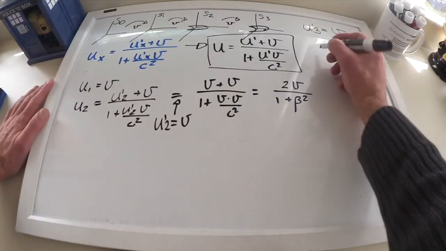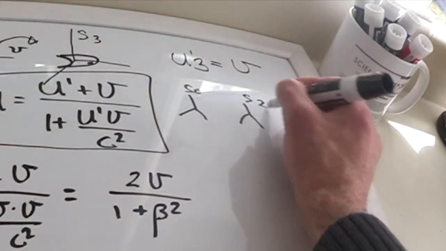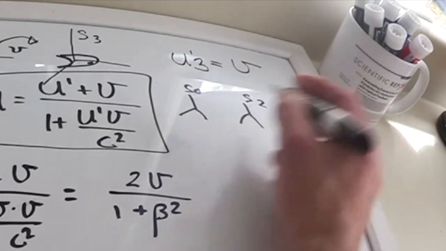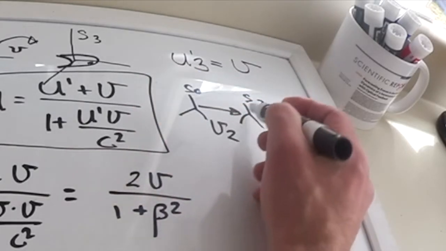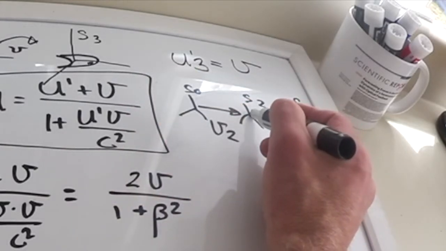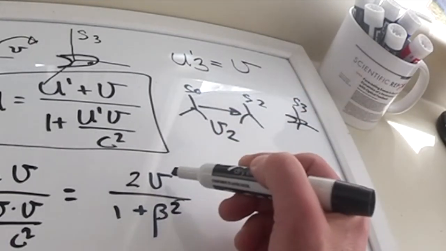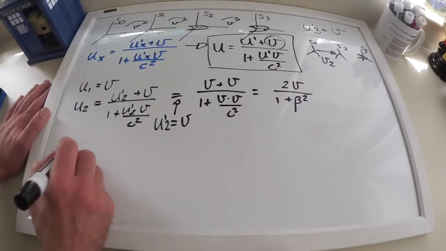So now I'm going from S0 to S2, and now the spacecraft is here, which is S3. Now the v that I have to use, I will call v2, which is the velocity of reference frame 2 with respect to Earth, which is this one. So this is what I will have to substitute right on this v here. Let me write it down here.